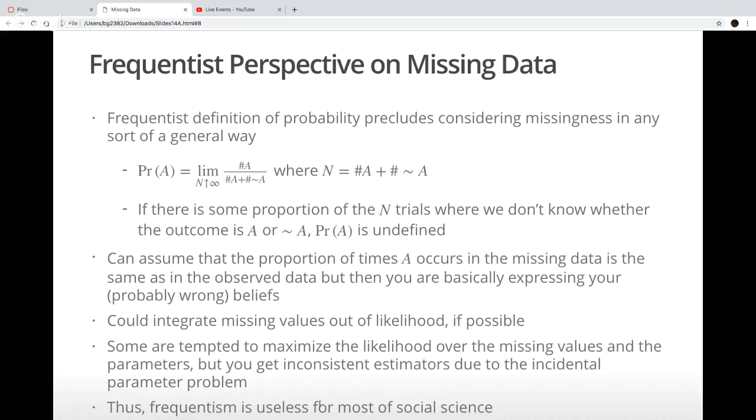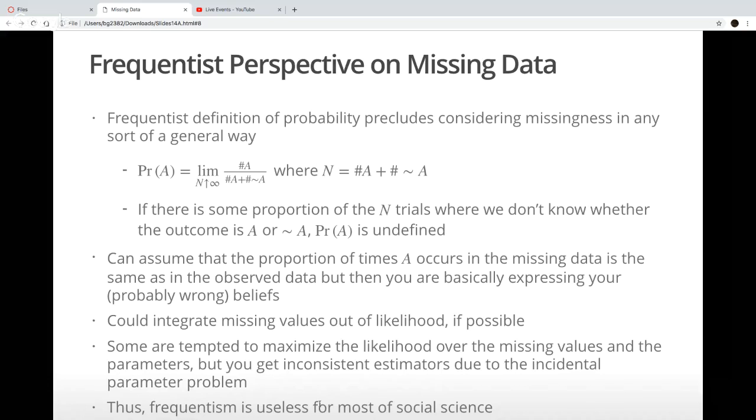So there's some things that you can do, but none of them are really that auspicious. You could assume the proportion of times that A occurs in the missing data is the same as in the observed data. Bayesians would say, well, that's your beliefs. Frequentists would say, no, it's an assumption. But that is a fairly arbitrary distinction.